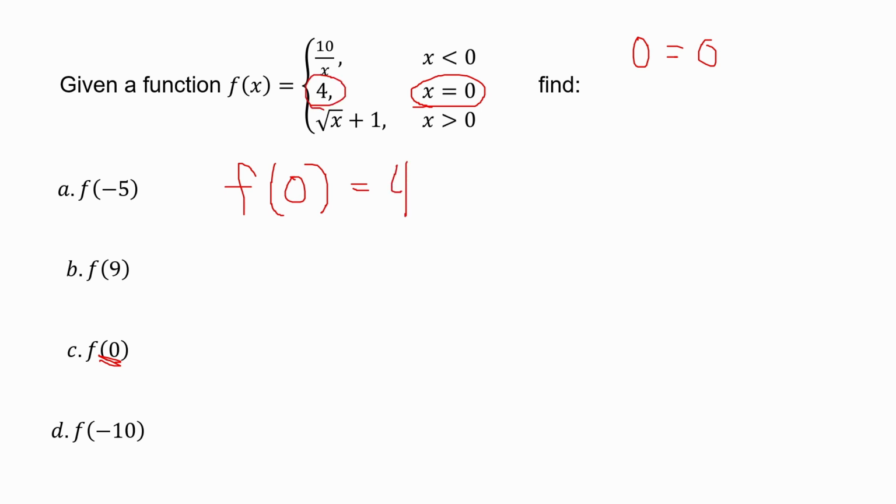So automatically our answer is 4. It's just that simple. Okay, so last is f of negative 10, which is equal to 10 over negative 10. We will follow this because negative 10 is less than 0. So the answer is negative 1.